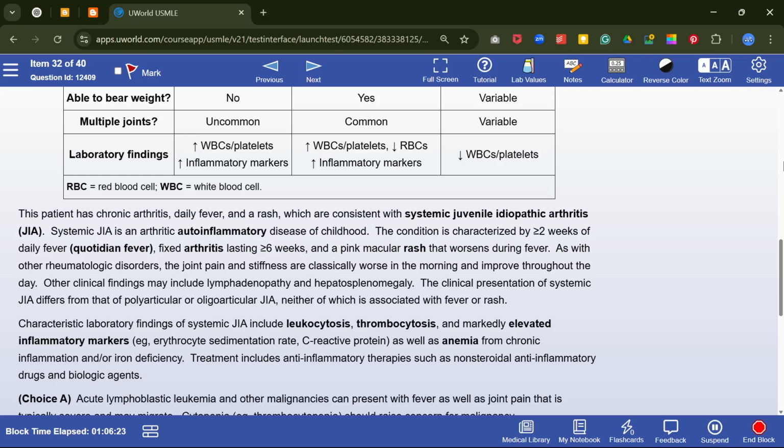The clinical presentation of systemic JIA differs from polyarticular or oligoarticular JIA, neither of which is associated with fever or rash.